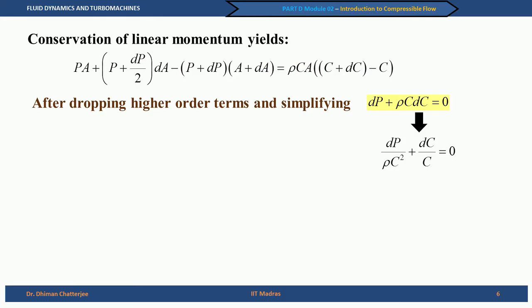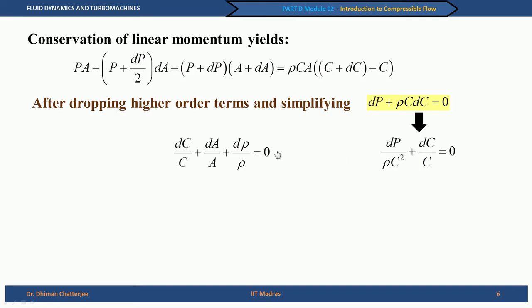It need not be d C by C, we should eliminate one of the terms. So, here I find that d C by C can be written in terms of d P, rho and C square, and we have already obtained from mass conservation d C by C plus d A by A plus d rho by rho equal to 0.